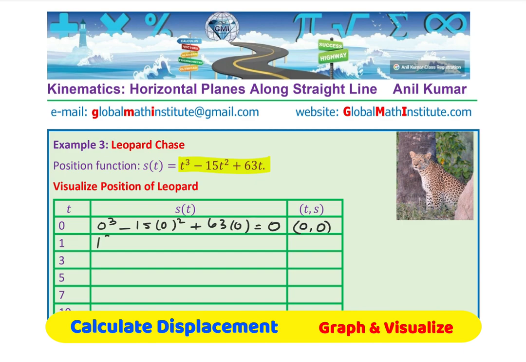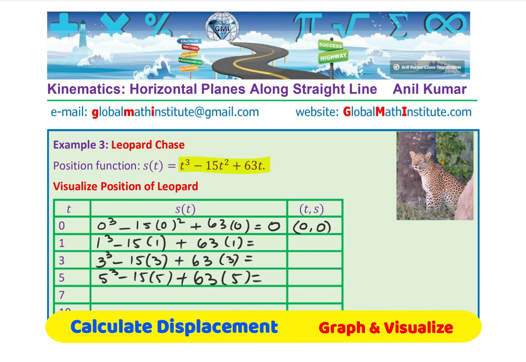So we get 1 cubed minus 15 times 1 plus 63 times 1, calculate the value. Let's put 3 here: 3 cubed minus 15 times 3 squared plus 63 times 3. Then 5 cubed minus 15 times 5 squared plus 63 times 5.